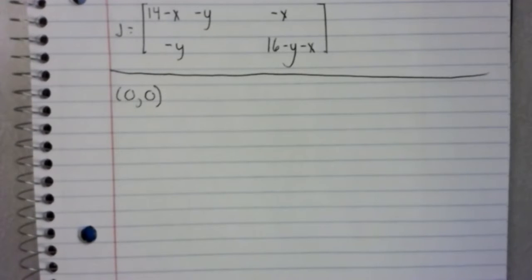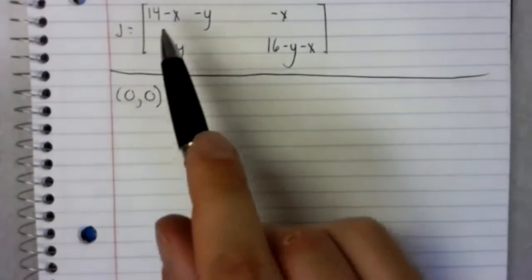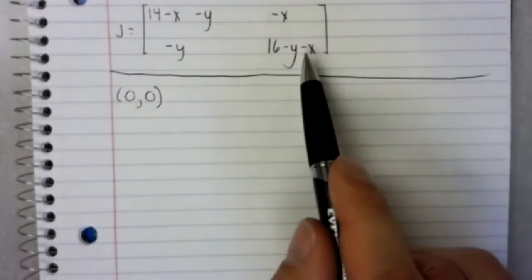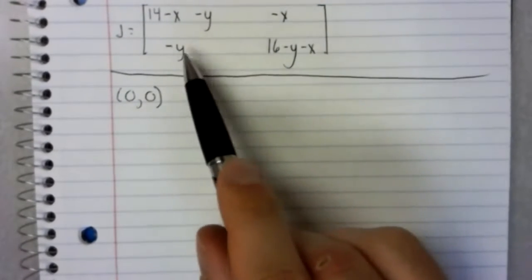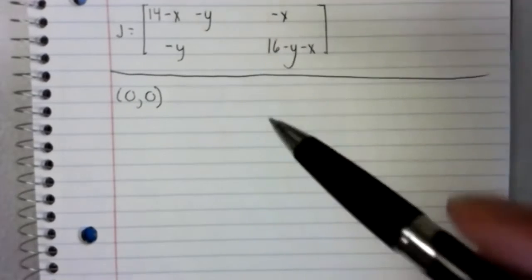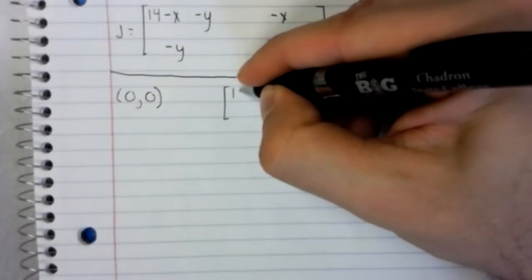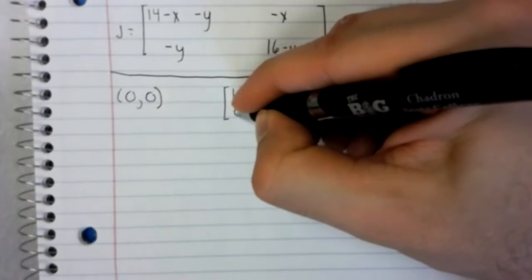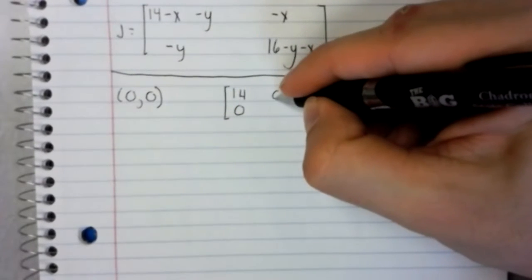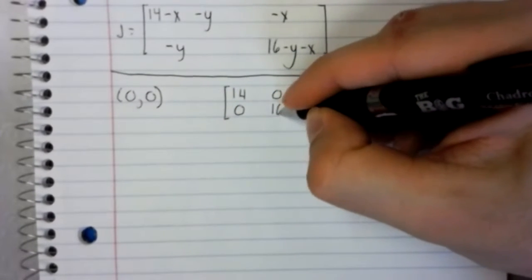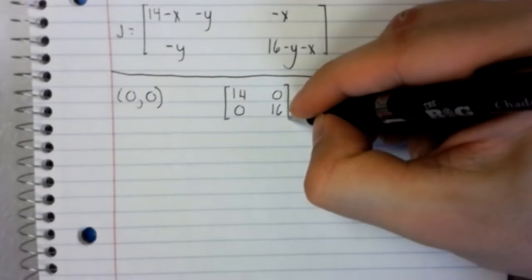But that's not what we see. If we stick 0 in for x and 0 in for y, we get 14, 0, 0, 16.